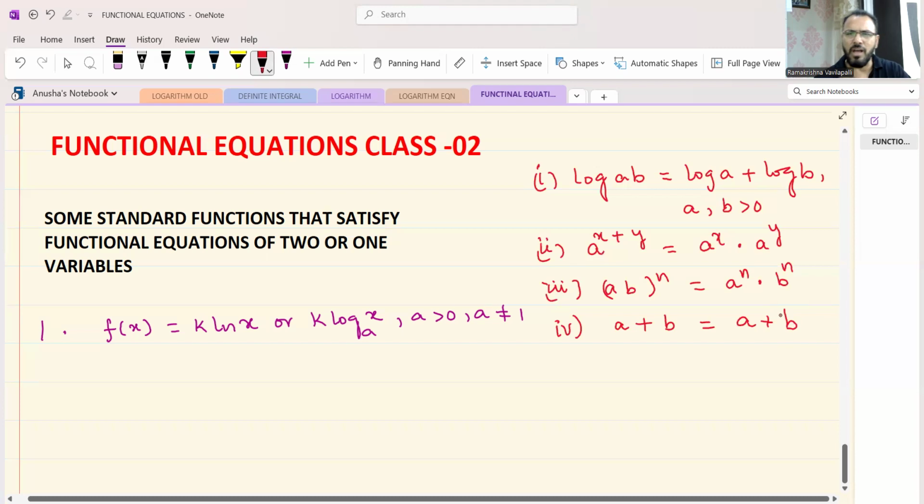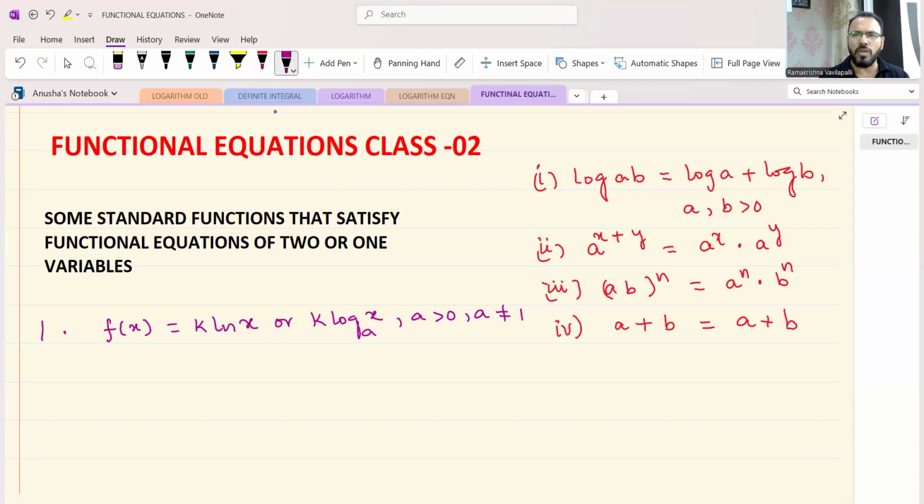Instead of solving a given functional equation, indirectly, by taking the solution we will frame the functional equations. This is the reverse strategy, but this is not the actual method for Olympiad. For our JEE Main and JEE Advanced, we do not require any kind of rules; we'll just study outlines of functional equations.